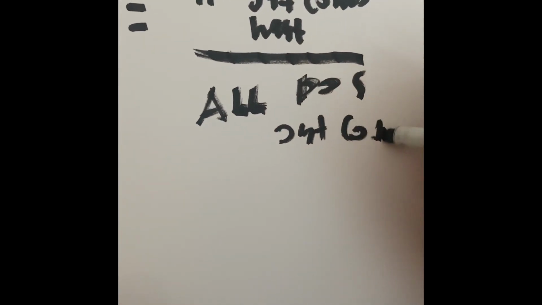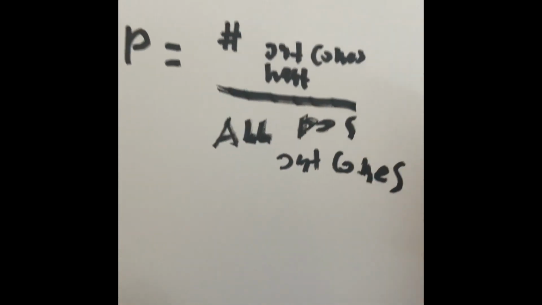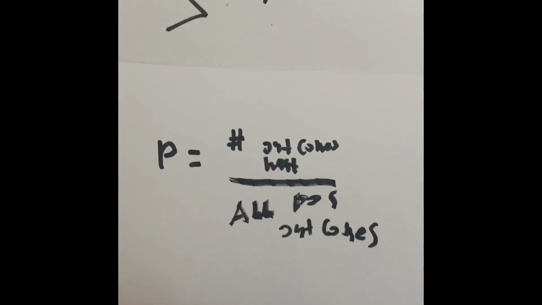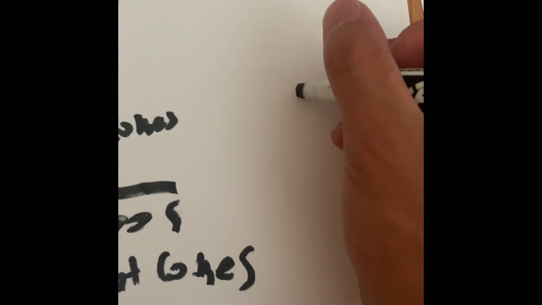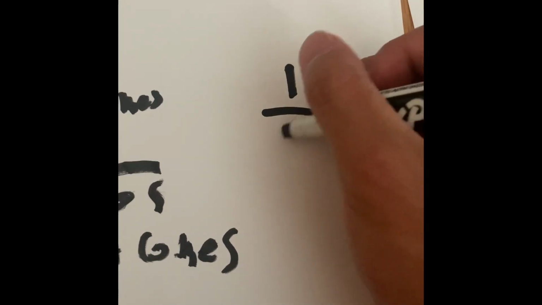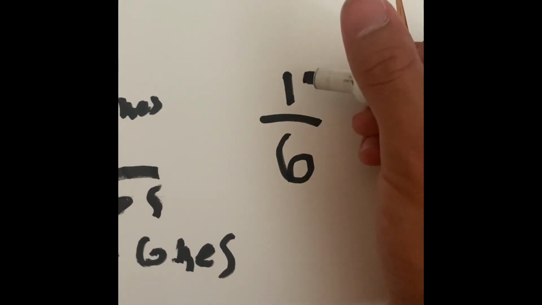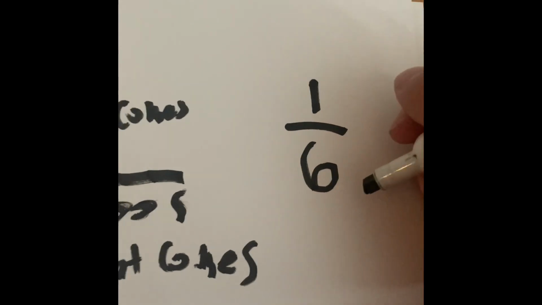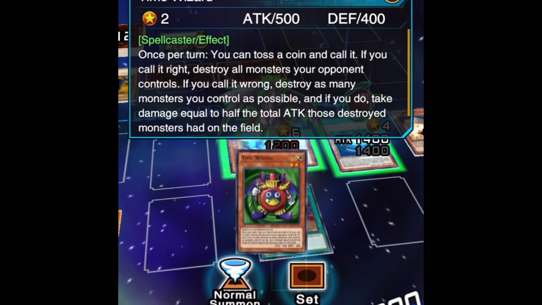Usually, when you calculate probability, you are going to have a fraction. If I want a 2 on a 6-sided dice, I get 1 over 6. There is a 1/6 chance I'll get a 2.